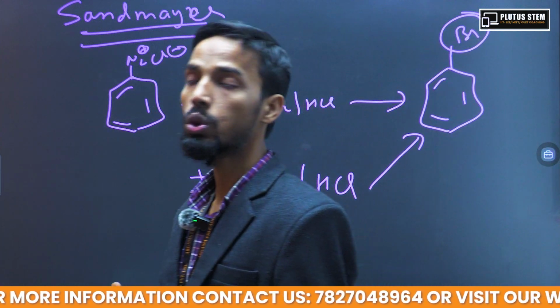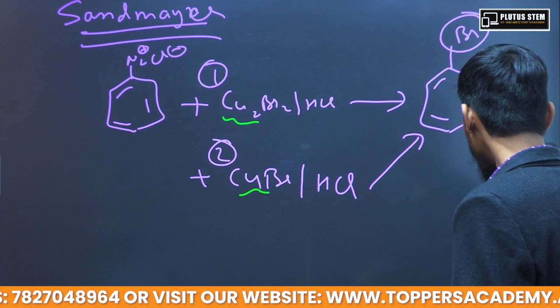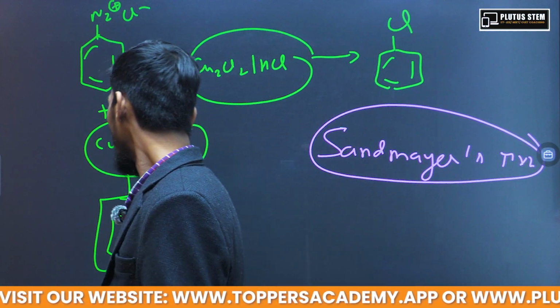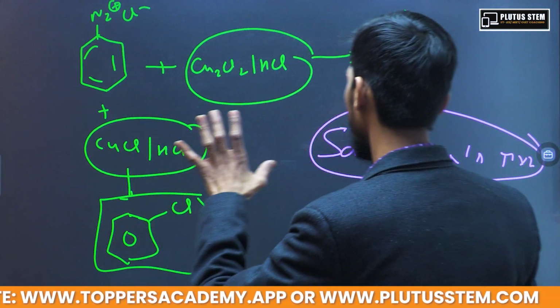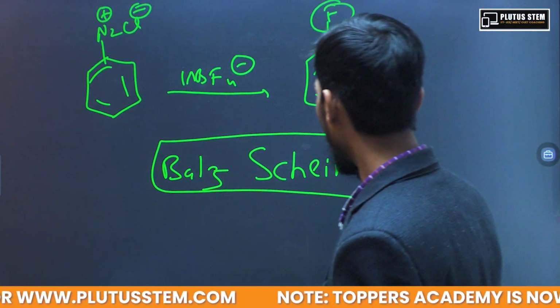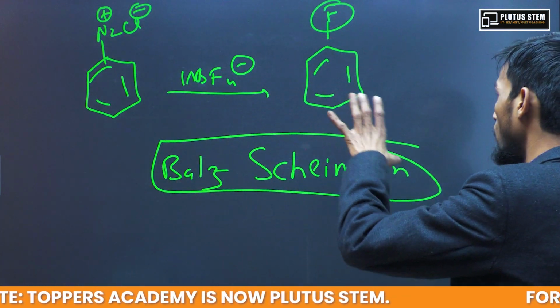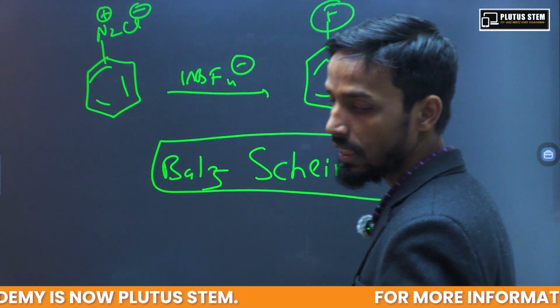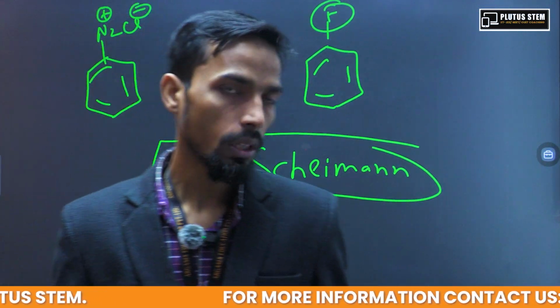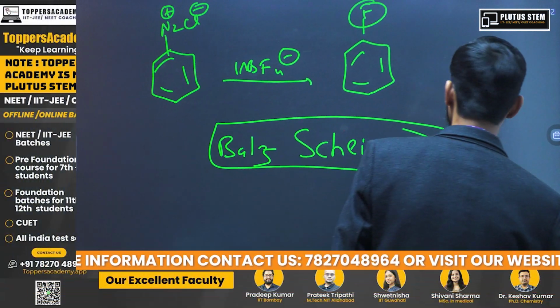And when Cu2Cl2 and CuCl react with HCl, this is known as the Sandmeyer reaction. And for the Balz-Schiemann reaction, HBF4 with diazonium salt gives us a fluoride. So these were a few important reactions which we have discussed for aryl halide formation.